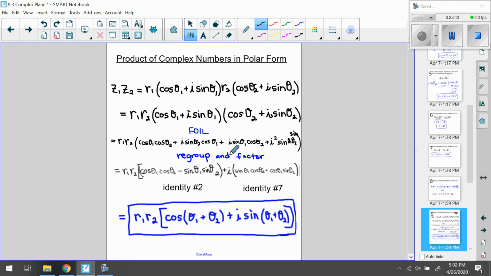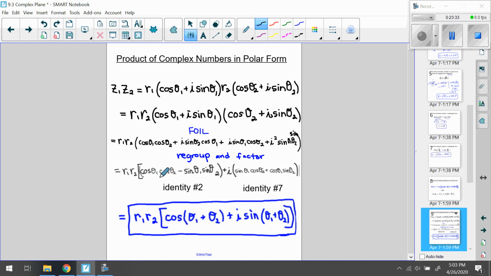Okay, so then just a little bit of regrouping and factoring. If you put the real terms together as a group and then the imaginary terms together as a group and factor out the I, you might recognize this is identity 2. Remember that list of 27 identities that we studied back in chapter 7.